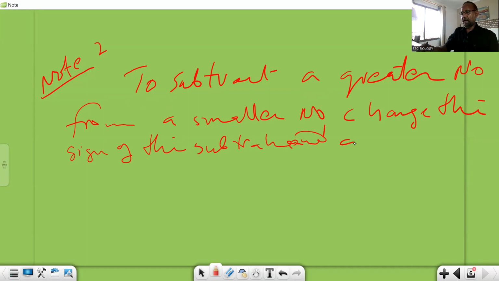This is important. Note 2: to subtract a greater number from a smaller number, change the sign of the subtrahend and add.